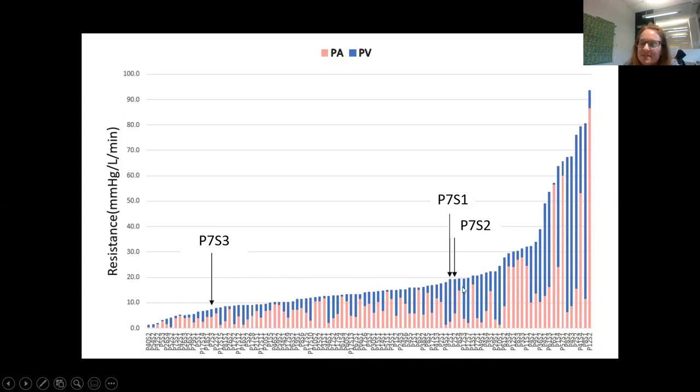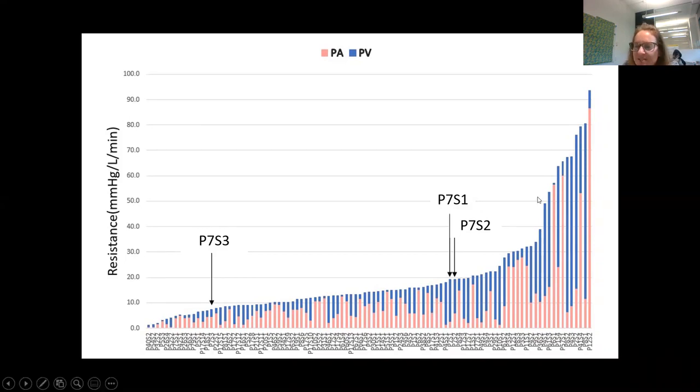What we can also see from these is just by looking at the division of the blue and the red, so how it divides up between the arterial and the venous, we can work out where the problem is. So for example, these ones here, you can see there's a big section that's blue that is causing the resistance. So these are ones that are going to have a lot of venous resistance.